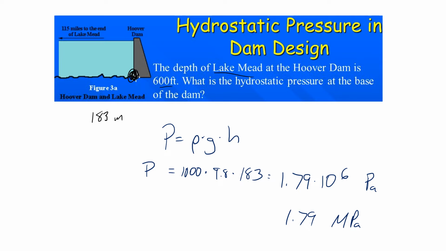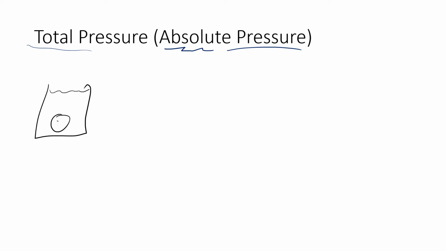Let's keep going to add the next thing, which is total pressure, or it's also called absolute pressure. Okay, so here's the deal. If we talk about that pool that we had a second ago, you're under here, you're having a good time. The problem is the pressure you're receiving is not only from the water, but there's air above the water that's pressing down as well, which is adding on to it.